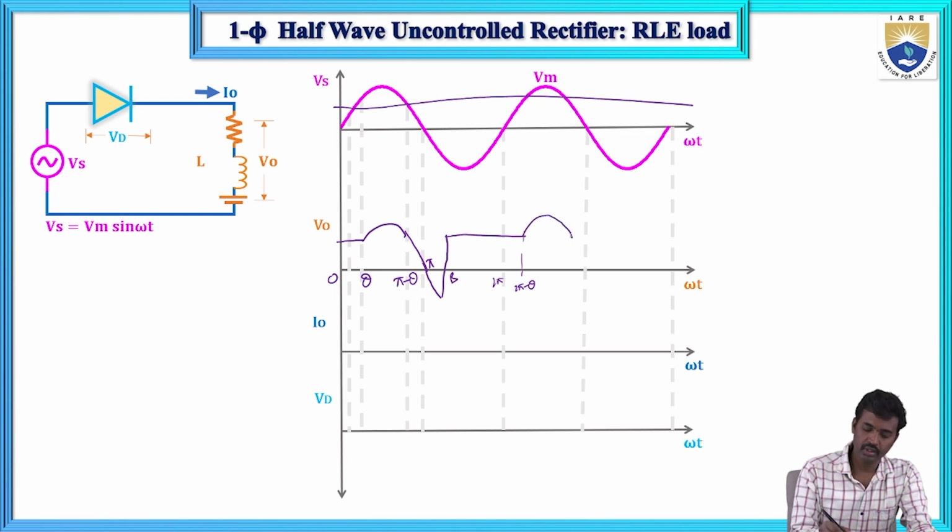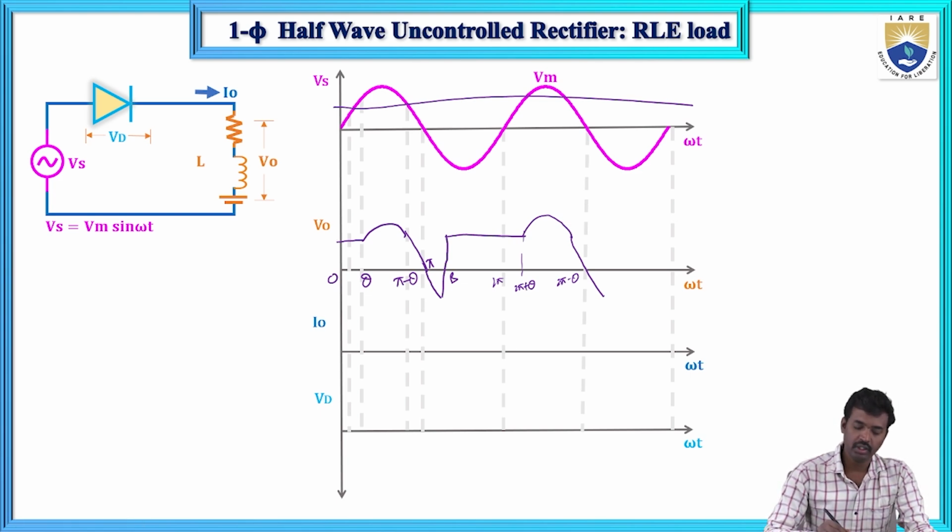It is conducting 2 pi plus theta, 3 pi minus theta, up to 3 pi, and next 3 pi plus beta.